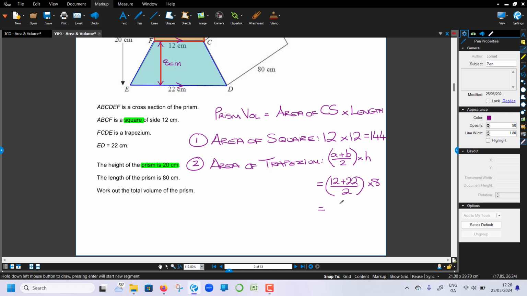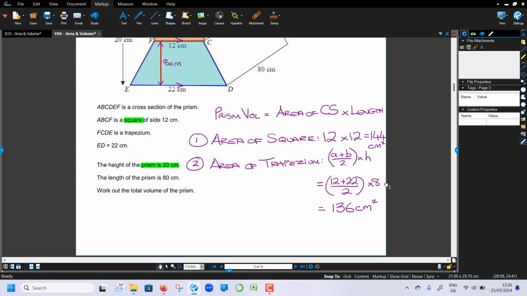So 17 times 8 is 136, I believe. So it's going to be 136 centimeters squared. I might as well put centimeters squared here then for the area of the square as well.